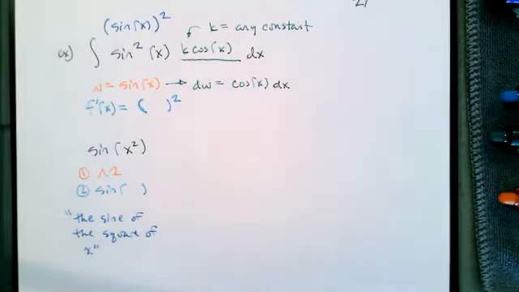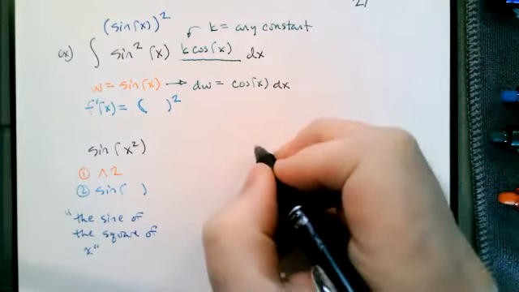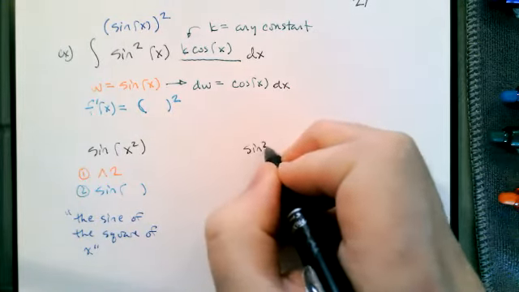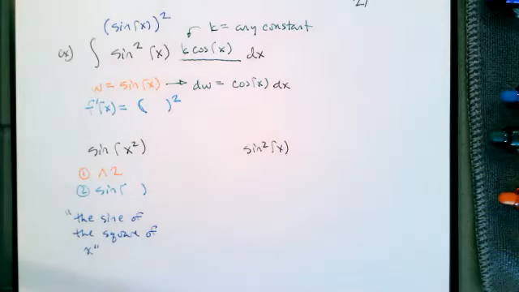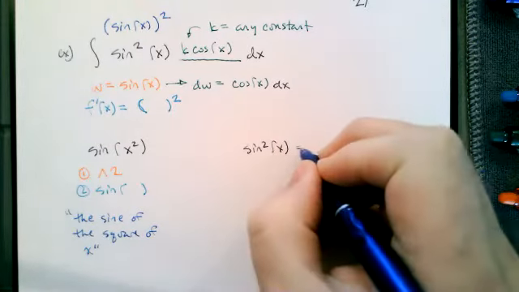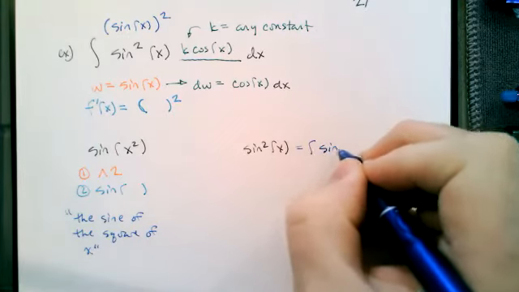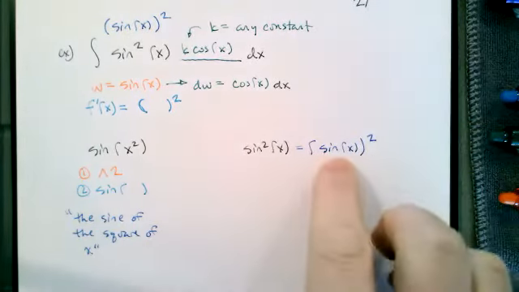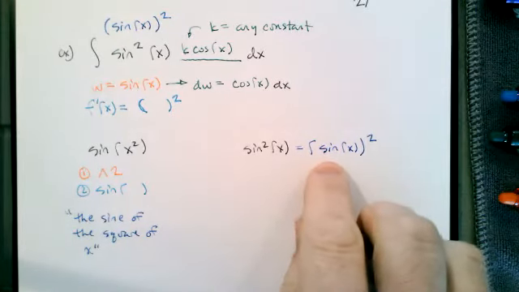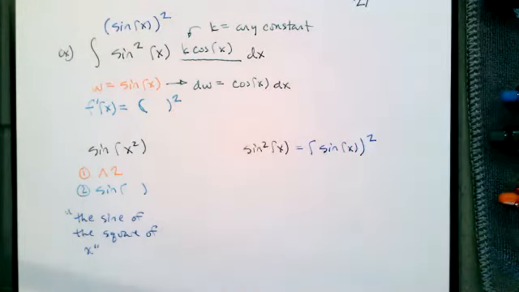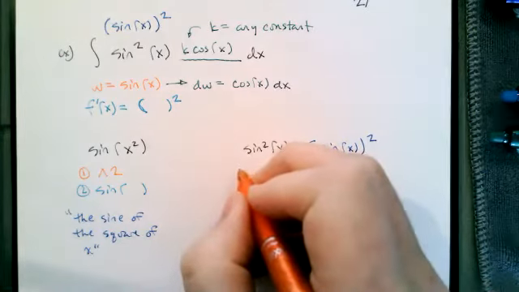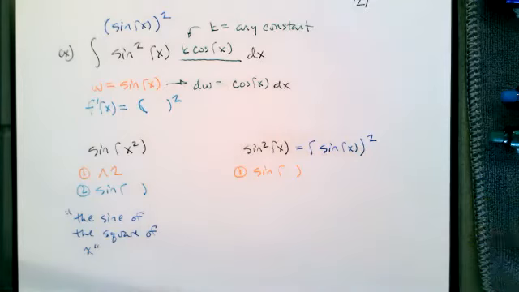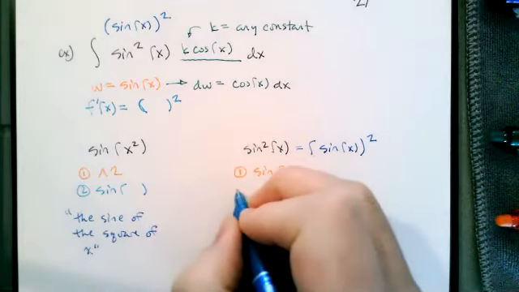The second expression said sine squared x, and we know this to mean the square of the sine of x. So the order of operations in this expression is first we do the sine of x, and second we do the square.